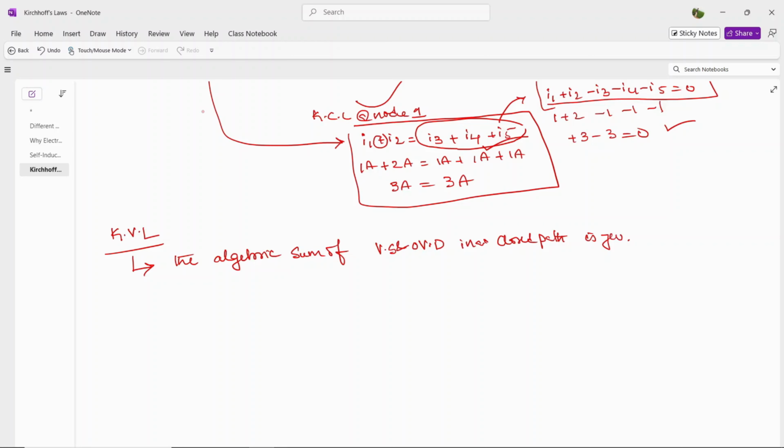Or you can write it as voltage sources equal to voltage drops. So you can write it in two forms. This is the first form, this is the second form.